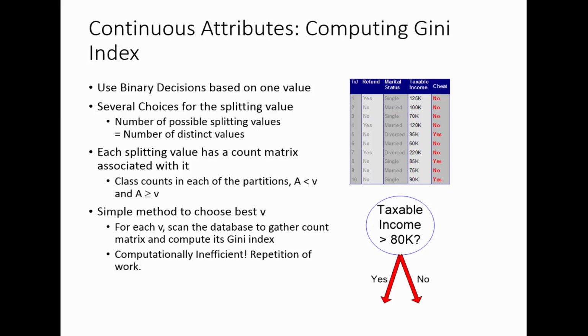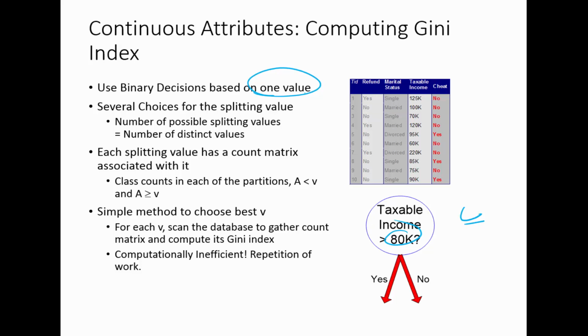All right. So here is the real example that we have seen. Taxable income greater than 80k, yes or no? How do we come up with that 80? Remember, we had seen in that example that we can actually use the Gini index to get into that. So how do you do that? Use a binary decision based on one value. How do we come up with that one value? We had one value, 80k.